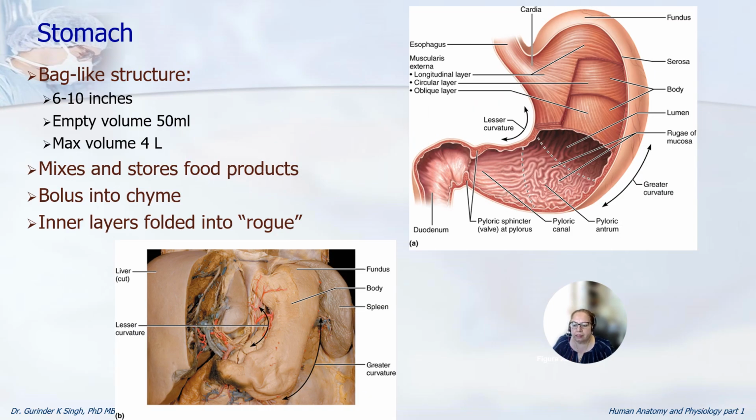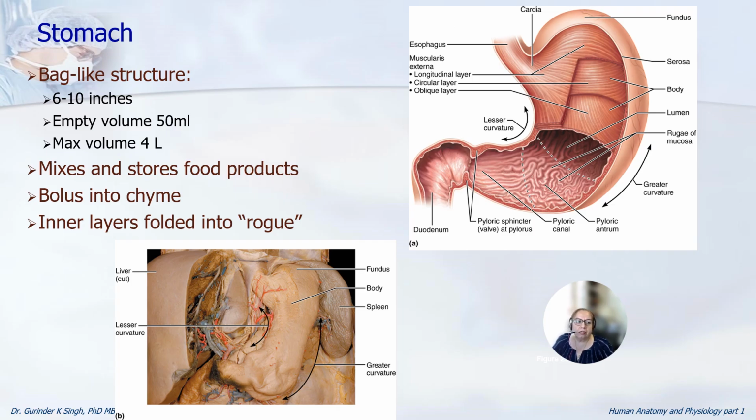All right, so now let's talk about the stomach. The stomach is a bag-like structure present in your upper left quadrant, and it's just a sack to store the food for some time.